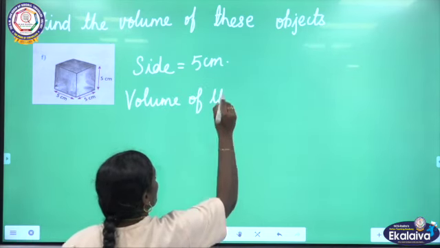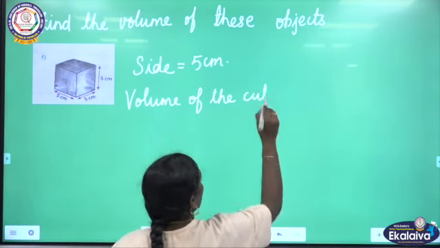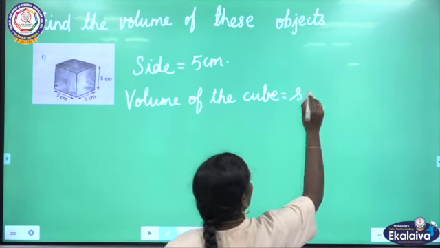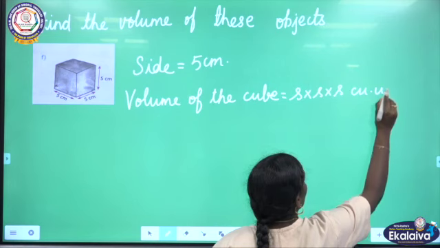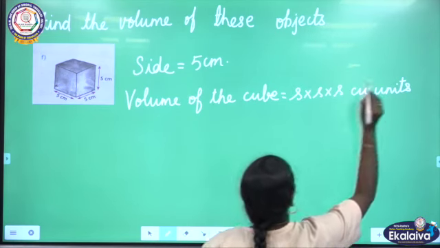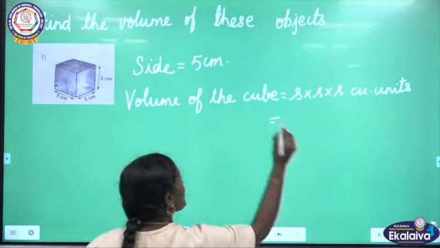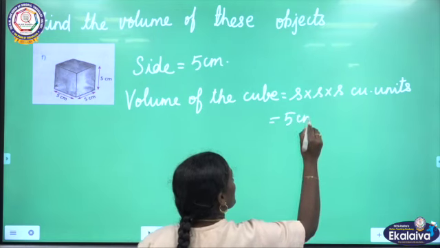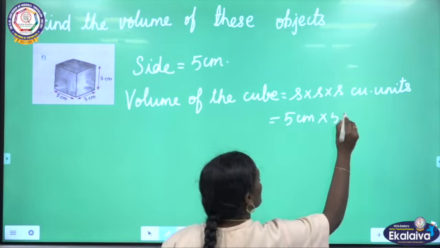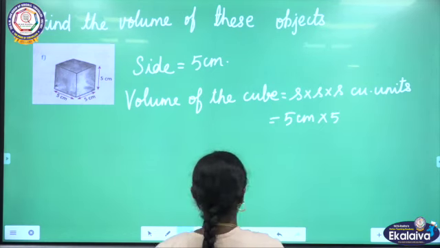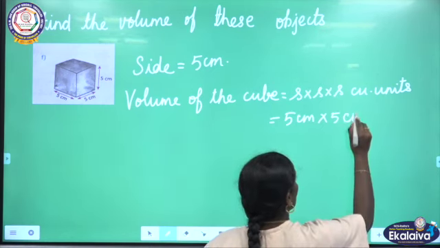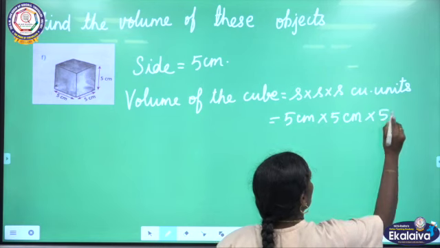Volume of the cube is equal to, what is the formula? Side into side into side cubic units. Here side is equal to 5 centimeter. 5 centimeter into 5 centimeter into 5 centimeter.